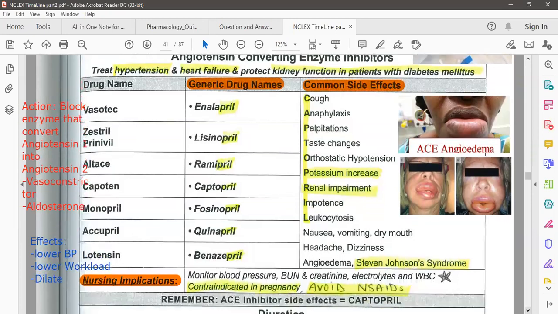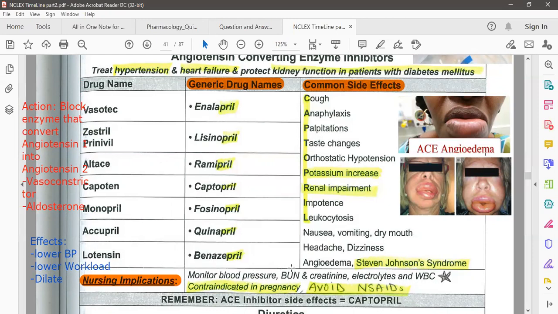So as a healthcare provider, what could we educate our patient about, or what are the nursing implications? If our patient takes an angiotensin converting enzyme inhibitor, it is good to monitor their blood pressure to prevent orthostatic hypotension.